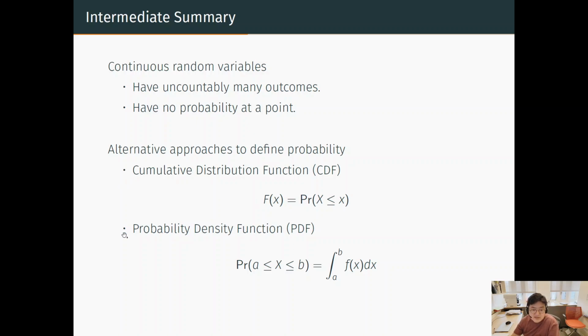Another alternative is the probability density function using integration or the area, right? Basically, they are the same thing. If you differentiate the CDF, you are going to get the density. If you're familiar with calculus, they are closely related, but they are just different ways to motivate the statistical approach to continuous random variables.